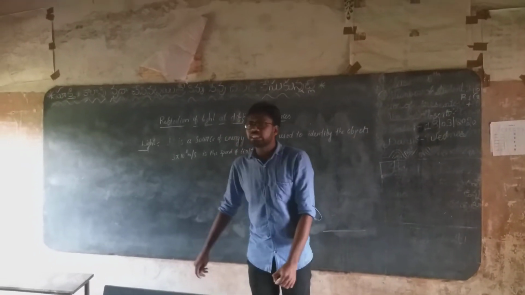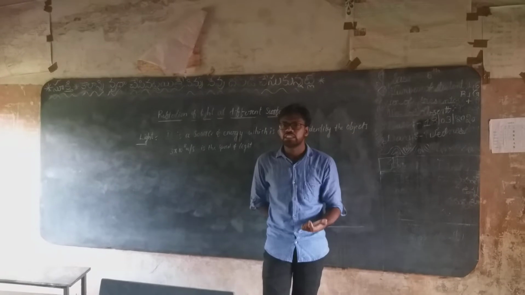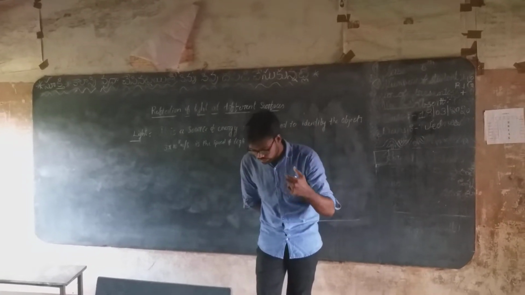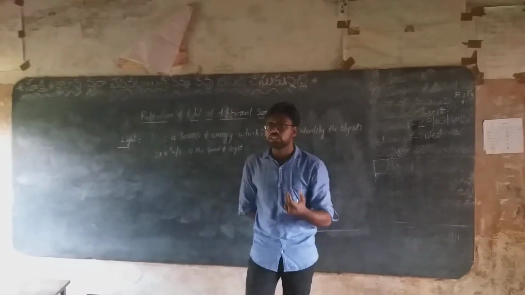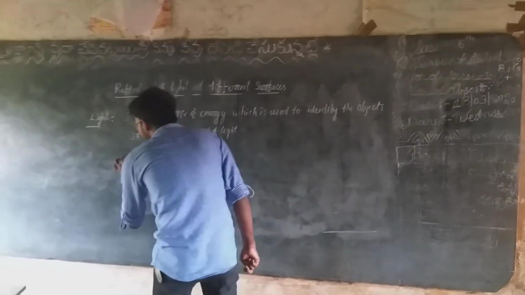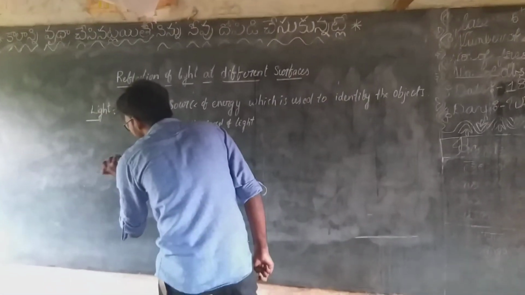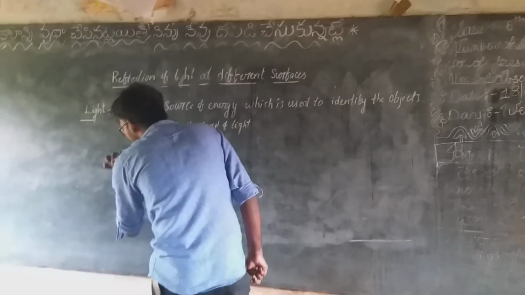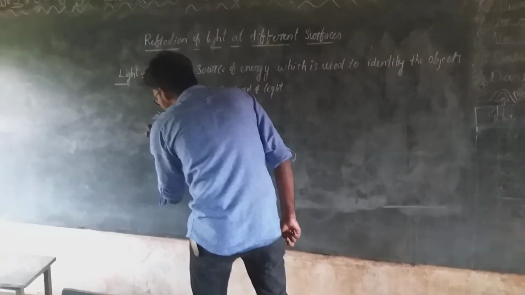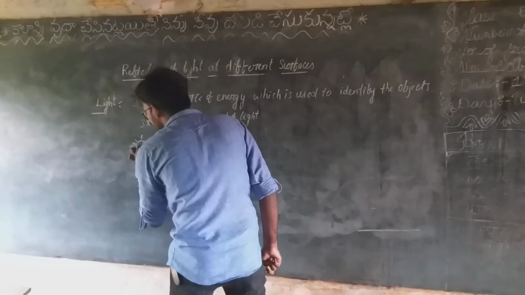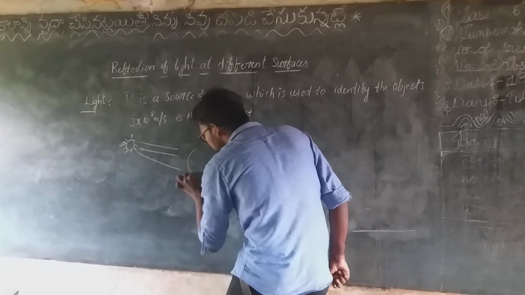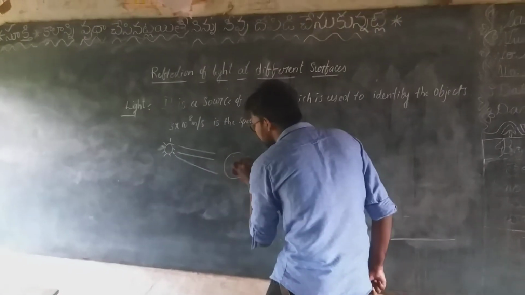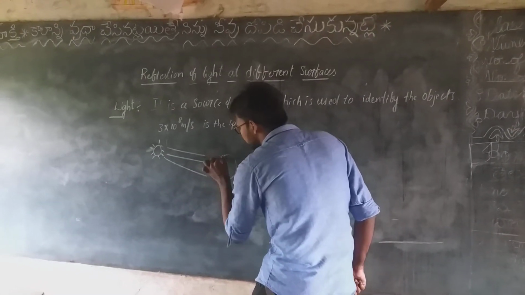Now, if this light is reflecting, what is meant by reflecting? If that light source is projected on any surface. For example, this is the sun. From the sun we are getting light on the earth's surface.